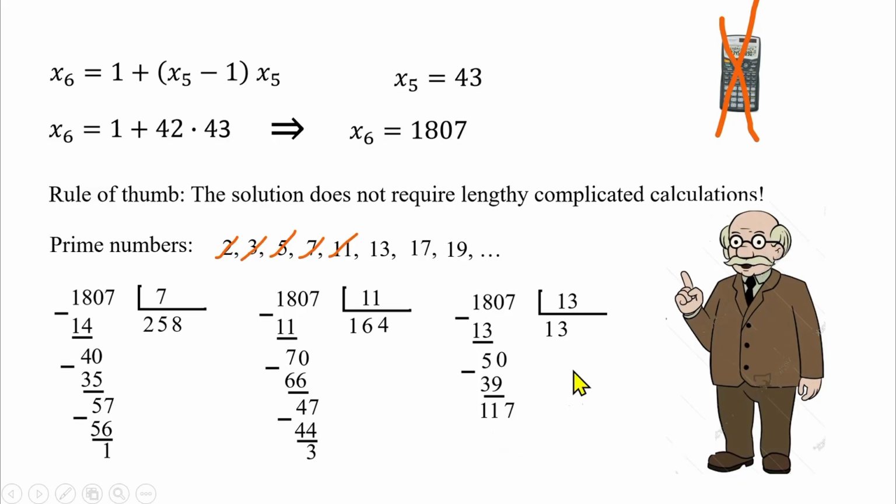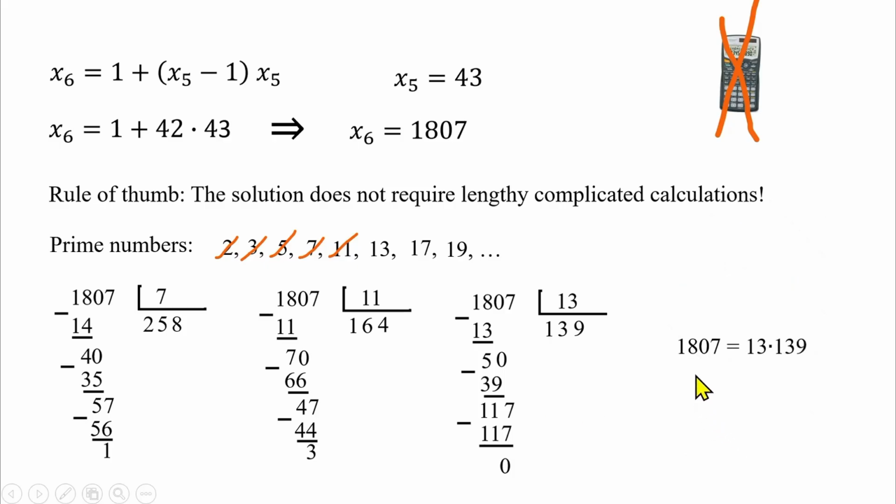So look, to have 7, we should write here 9. Let's verify: 27, 9 plus 2, 11. So we have 117 here, and we have remainder equal 0. So 13 is a divisor for this number. We can write that 1807 equals 13 times 139.